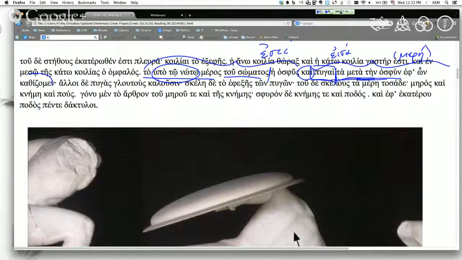Because there's nothing else there that is nominative or even accusative neuter plural for that matter. So we go back to meros. We've got a nominative there but no verb, so we will automatically supply a verb to be. All right, so the part of the body underneath the back is the loin. And the buttocks are the parts, ta mere, after the loin, upon which we sit.